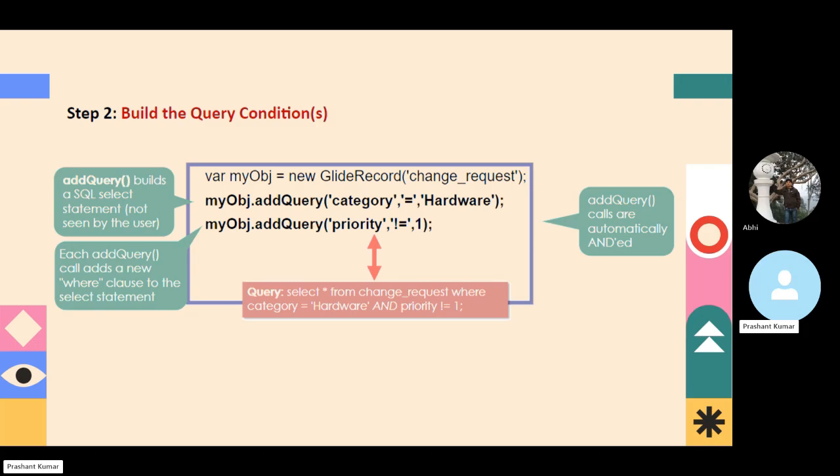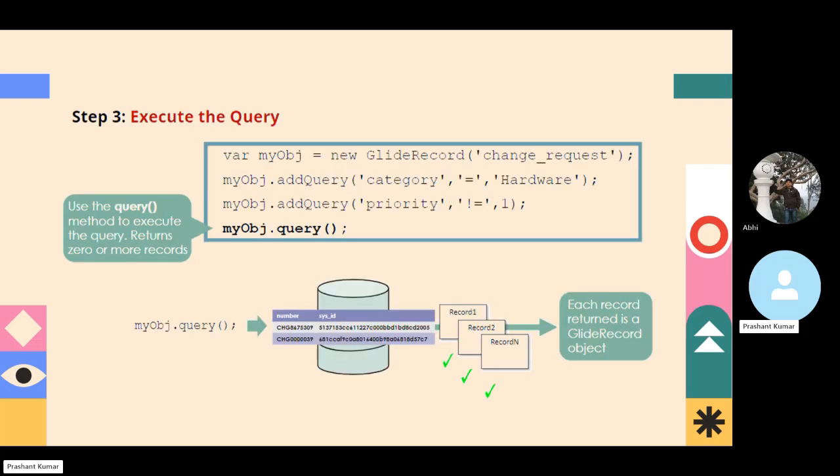If we come to step 3, we will query this record with specific conditions. As soon as we do dot query, that means we are executing the query on a specific table. On query, it will return some records. If you use while, you can access all the records.